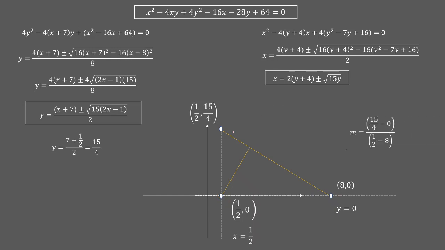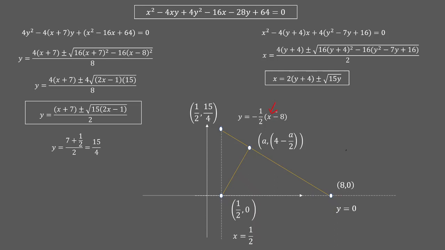How to figure that out? So you just figure out the slope of this line, (15/4 - 0) over (1/2 - 8), and that turns out to be minus half. And then you write down the equation of this line. From the equation of this line, I can take a general point.